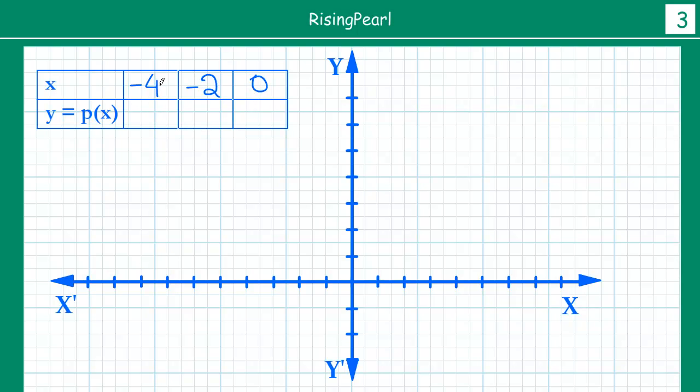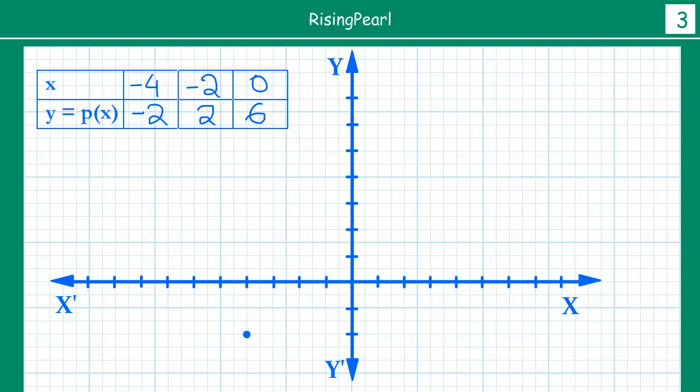For x minus 4, the value of y was minus 2. For x minus 2, the value of y was 2, and for x 0, it was 6, which we just calculated earlier.